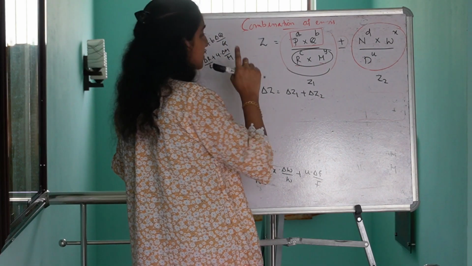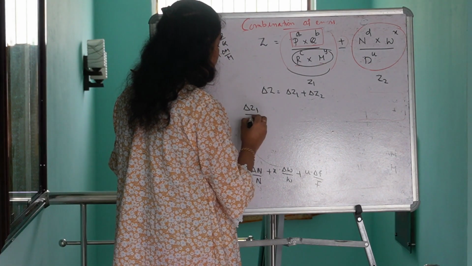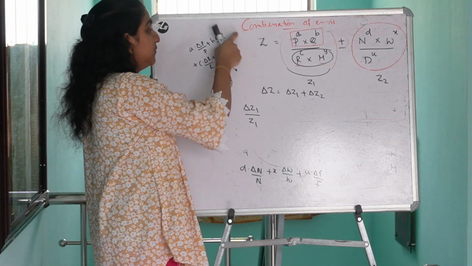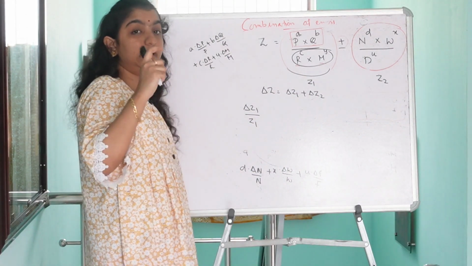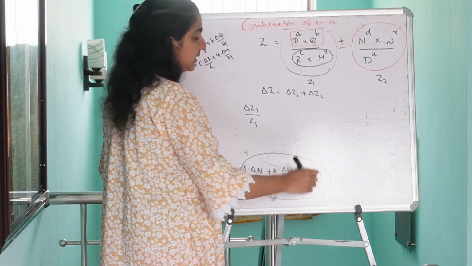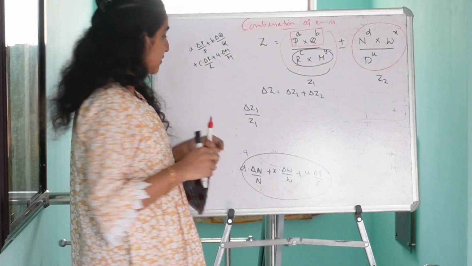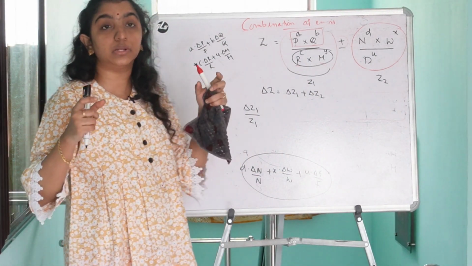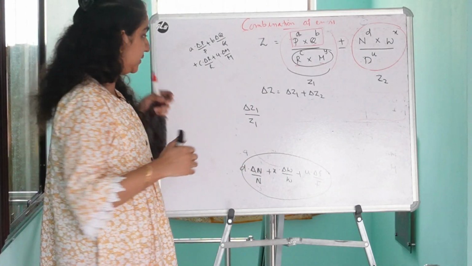So far we found del Z1 by Z1, isn't it? This is not the absolute error in Z1, but the relative error of Z1. And this value is not the absolute error in Z2, but it is the relative error in Z2. So from this I have to calculate the absolute error in Z1 and the absolute error in Z2.